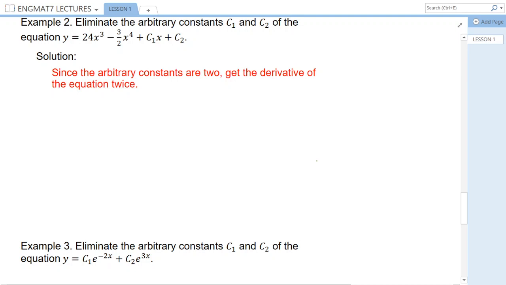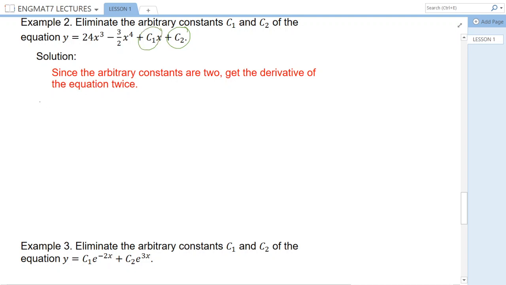Number 2: eliminate the arbitrary constants c1 and c2 of the equation y equals 24x cubed minus 3 halves x raised to 4 plus c1 x plus c2. Since we have two arbitrary constants, we have to get the derivative twice.